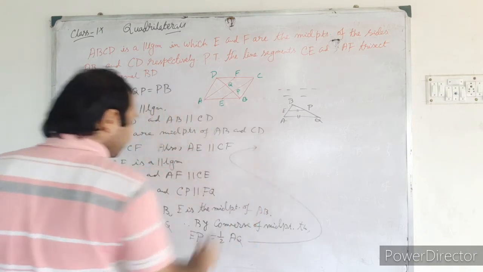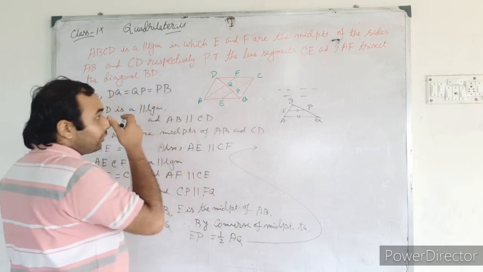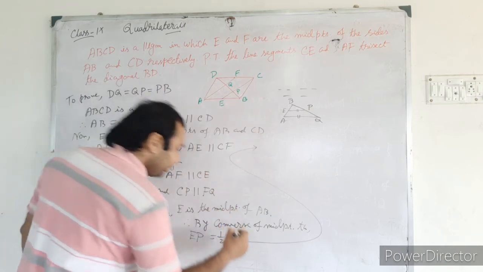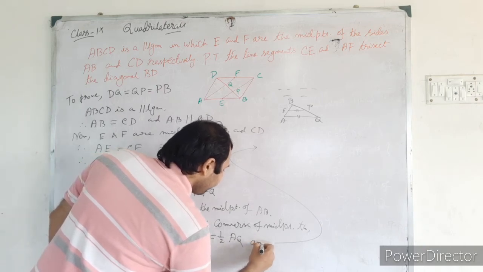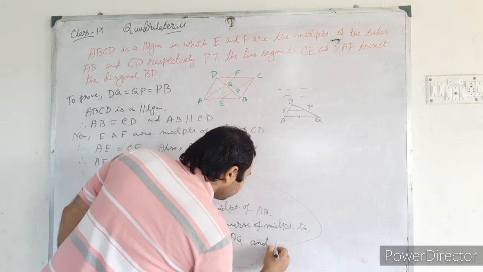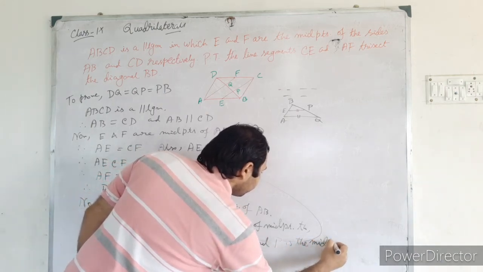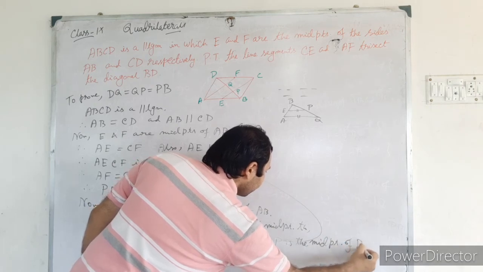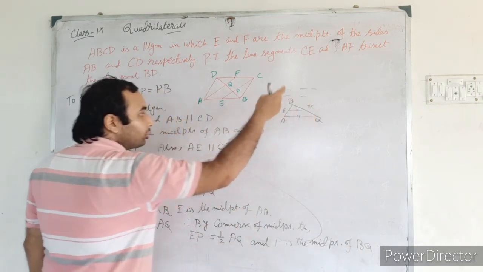If we write in this way, that means EP is half of AQ and P is the midpoint of BQ. P is the midpoint of BQ. EP is parallel to AQ.